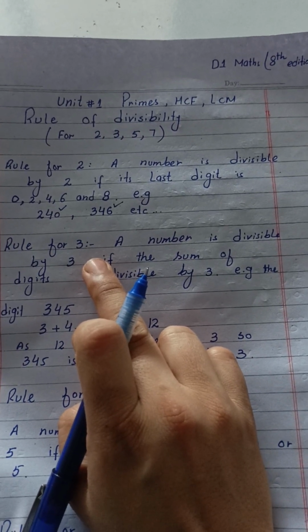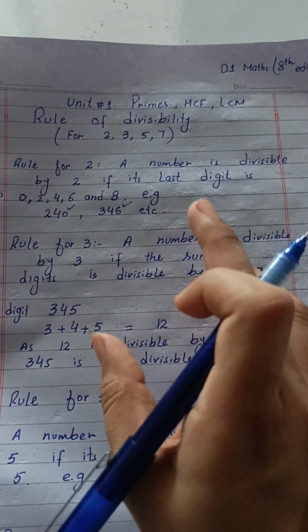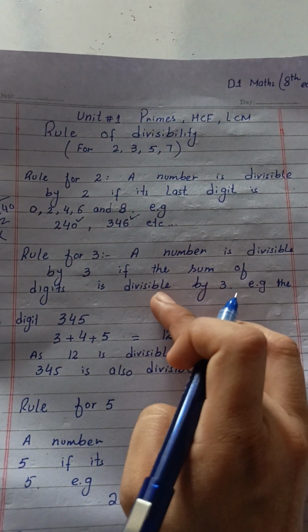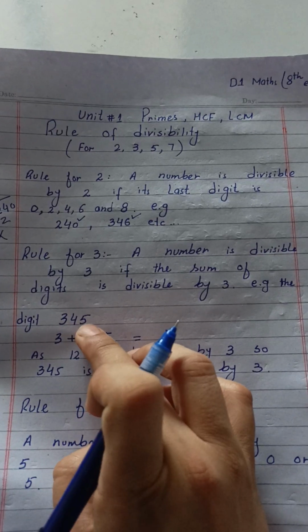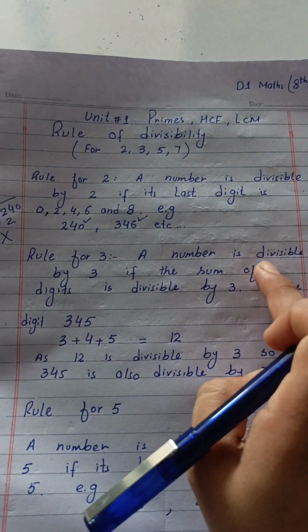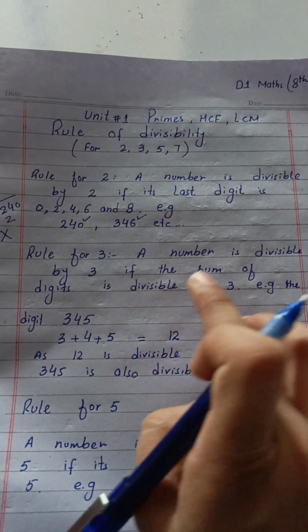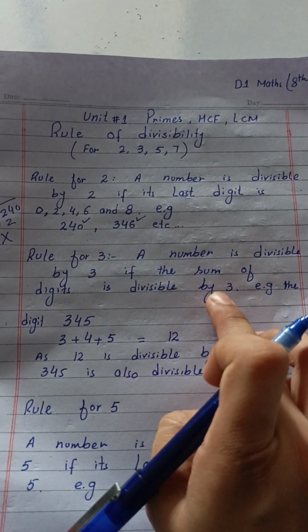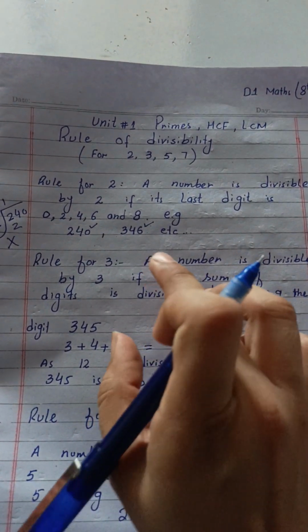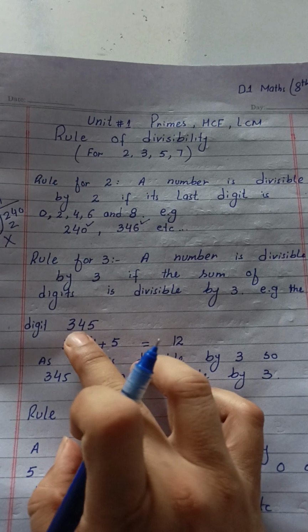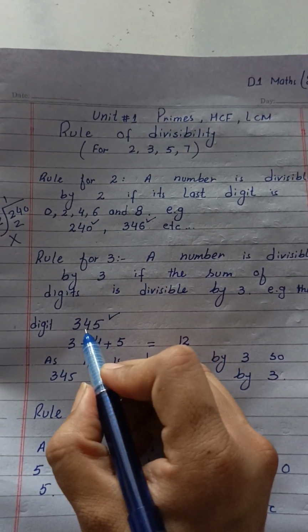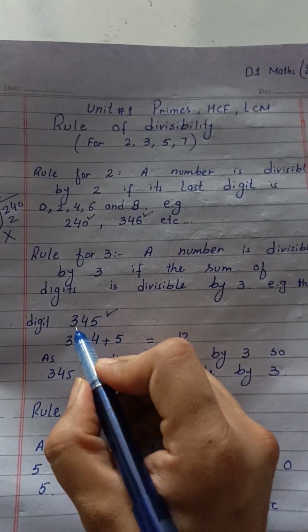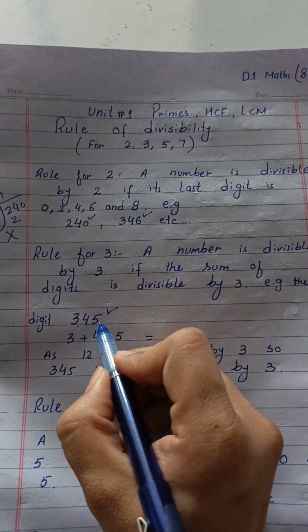If you have a number and you have to check that it is divisible on 3 or not, what will we do? We have to take the sum of the digits. A number is divisible by 3 if the sum of the digits is divisible by 3. Like I have 345. I will take the sum: 3 plus 4 plus 5.